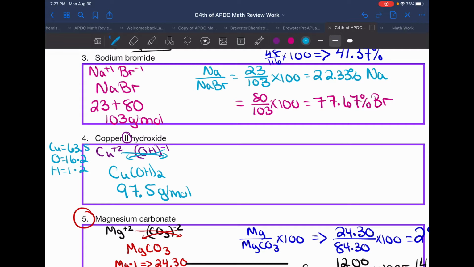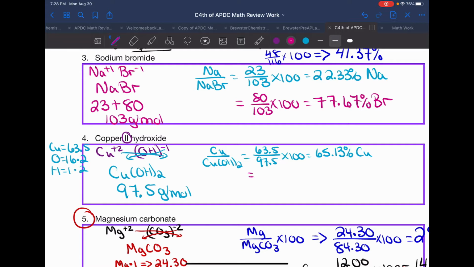Now I just need to do my part over whole, so I'll do copper over the Cu(OH)2. I'll repeat this with every single one of them, but I'm just writing the first one for you. So we'll do 63.5 over 97.5 times 100, and we get 65.13% Cu.